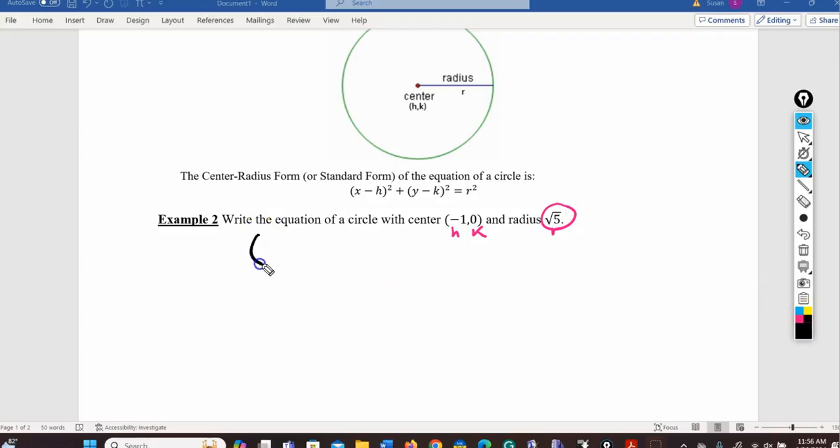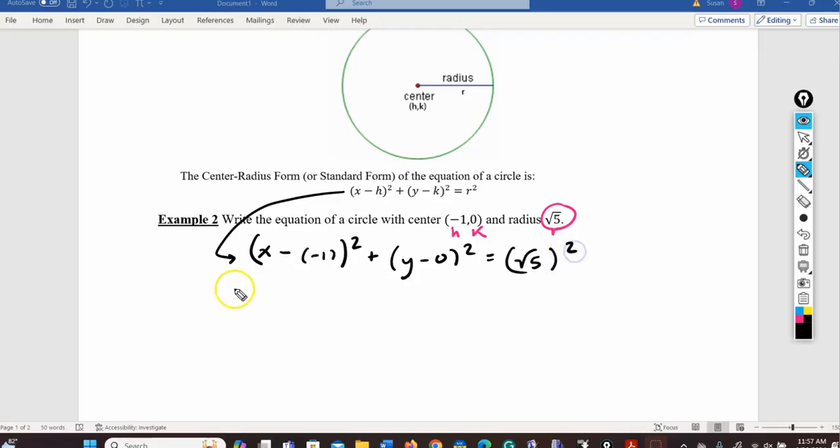So we will have x minus h all squared plus y minus k all squared equals r squared. And cleaning this up, this is x minus -1, which will be x plus 1. And y minus 0 is just y, so that'll be y squared. And square root of 5 all squared is just 5. And so this would be the equation in standard form.